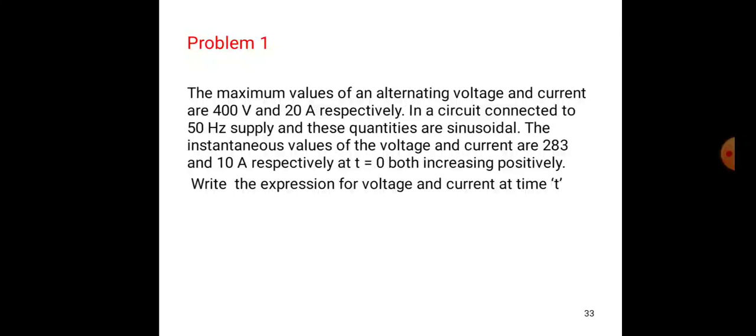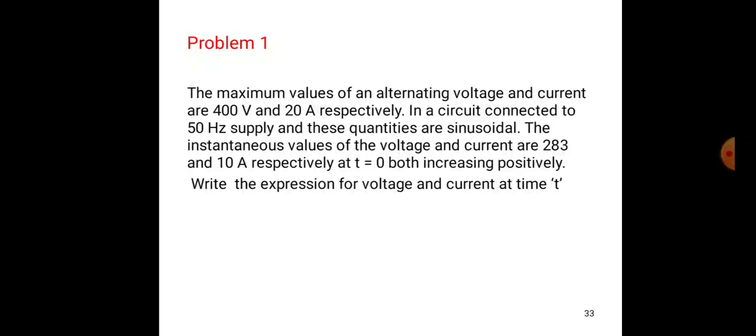These 7 or 8 parameters we can find from the waveform. It is important to know the total calculation of the waveform. The first problem you can see.